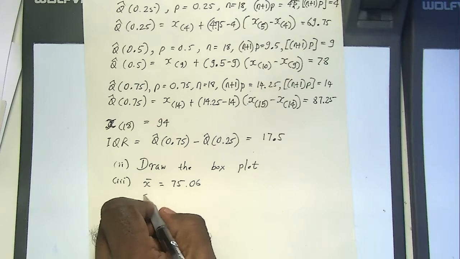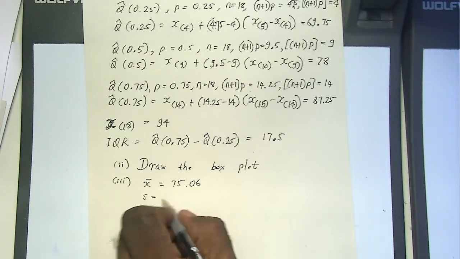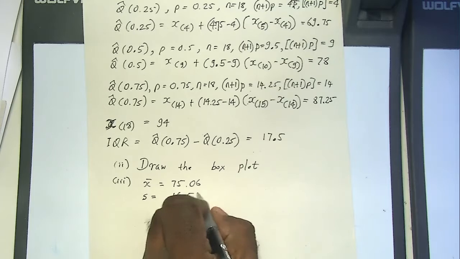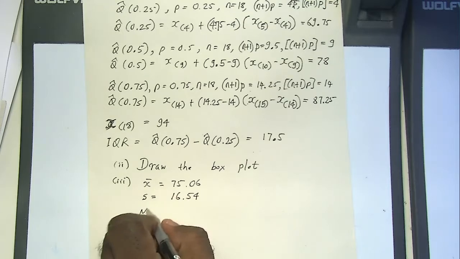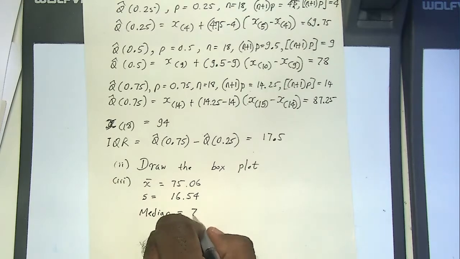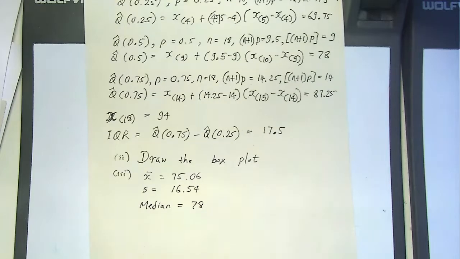The sample standard deviation is 16.54, and the median is 78. Now, using these 3 numbers, you should know what kind of distribution you're dealing with.